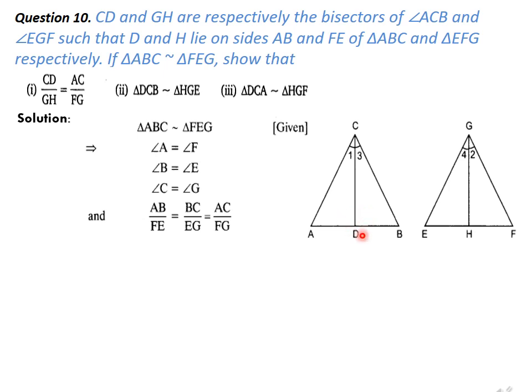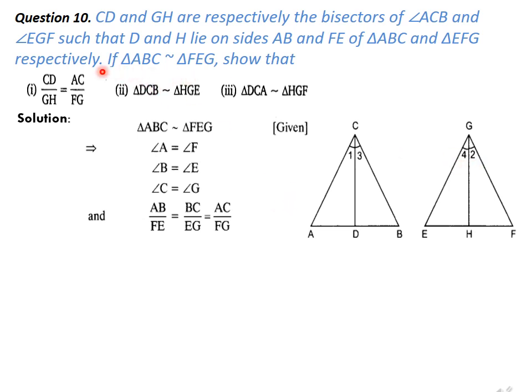It is not perpendicular, so it is not 90 degrees, but these two angles will be equal. Next, in this triangle, GH is a bisector. Therefore, angle 4 and angle 2 are also equal to each other because they are bisected angles.